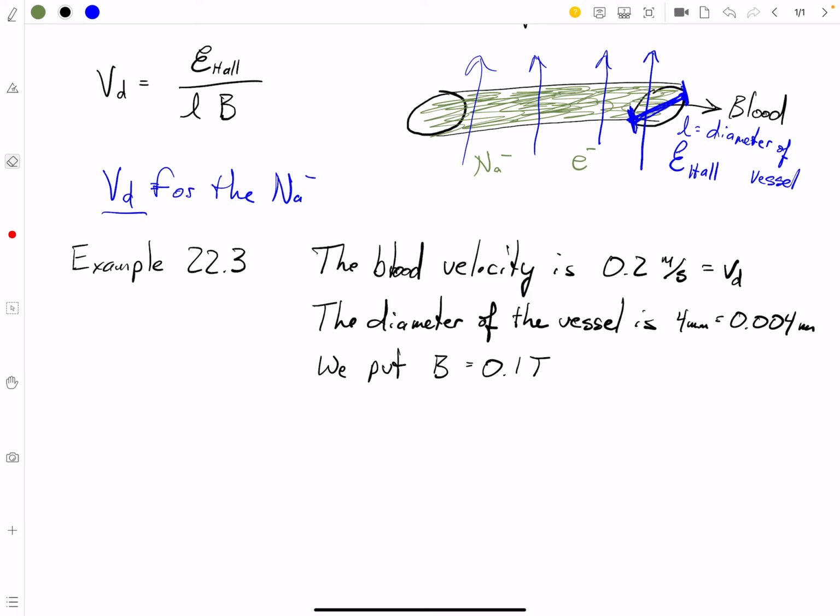And you could do it from one side of your arm to the other, right? So if you're testing the blood flow in an arm, you can immerse the whole arm in the B field and then just do your Hall test on it. We do all this stuff, and we want to know what is the Hall EMF.